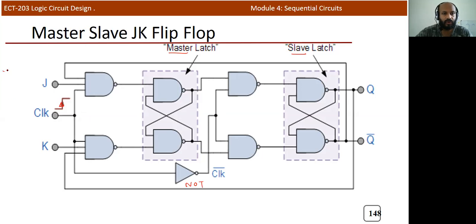So when you apply a clock pulse, the first latch will operate during the high. When it is high here, the first latch will be active.